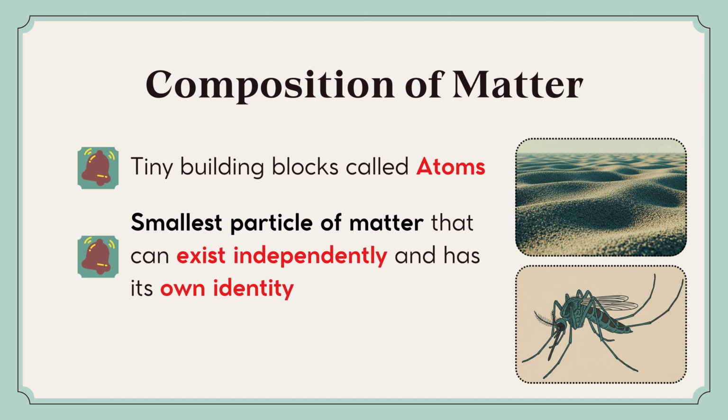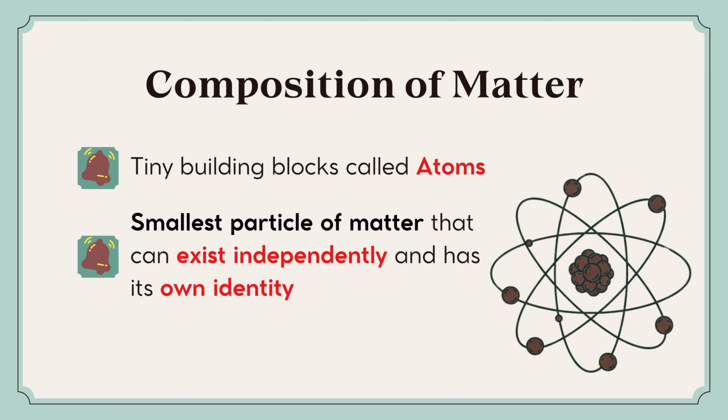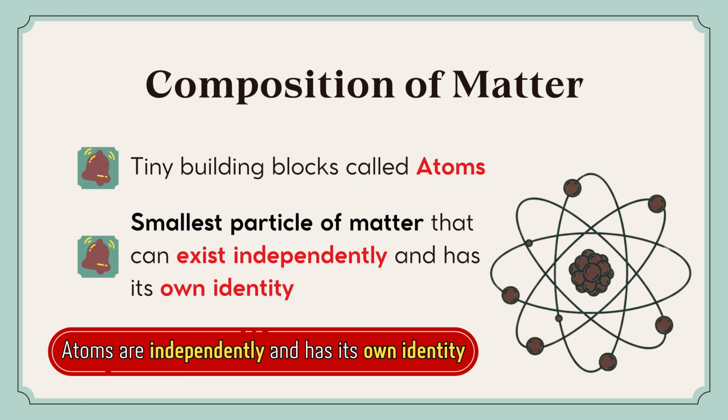So if we keep going smaller, beyond sand, beyond bacteria, beyond molecules, we finally reach atoms, which are the first particles that can exist on their own and still remain what they are. Memorization strategy. Repeat this line aloud. Independent and has identity. That's what makes an atom.